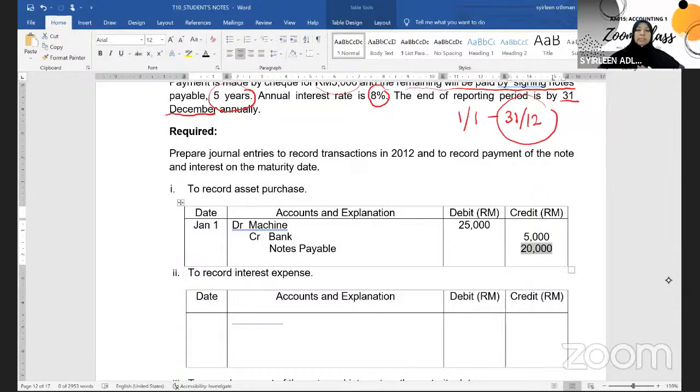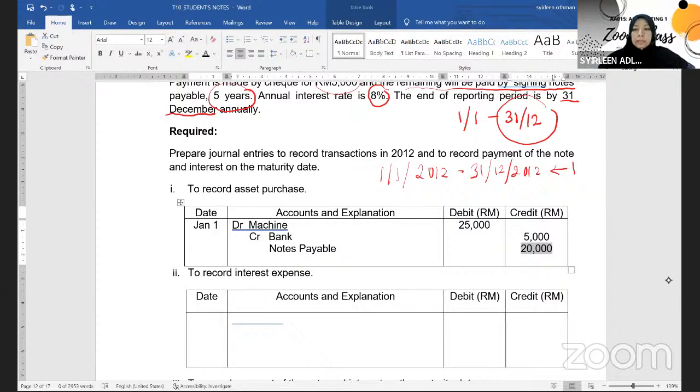So kita start beli 1 hari bulan January 2012. That means when you are closing the account on the 31st of December 2012, here you have 1 year full of interest expense. Okay, tapi payment hasn't been made yet.